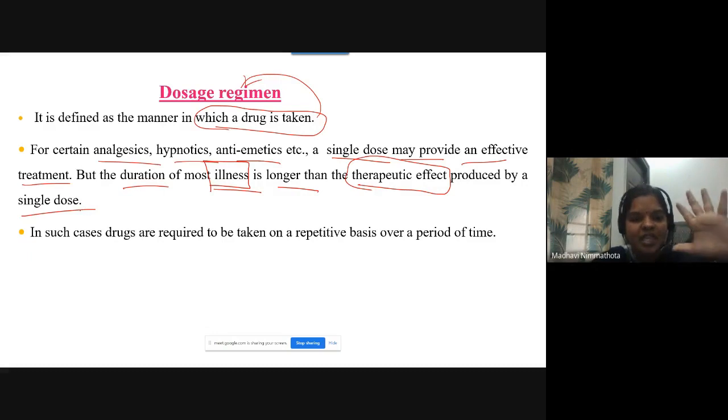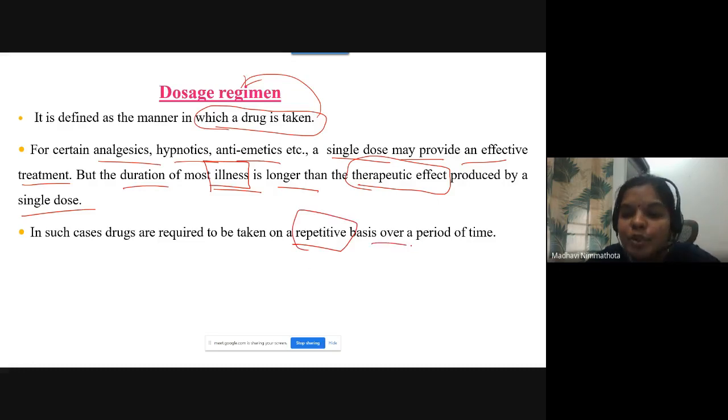What does it mean? The single dose produces its effect efficiently for a short period of time. Your disease may get treated, but our illness cannot be treated that much faster. In such cases, you need to administer the drug on a repetitive basis, up to prolonged periods of time. You need repetitive administration of such drugs for the effective treatment period, so then you can be relieved of those diseases.